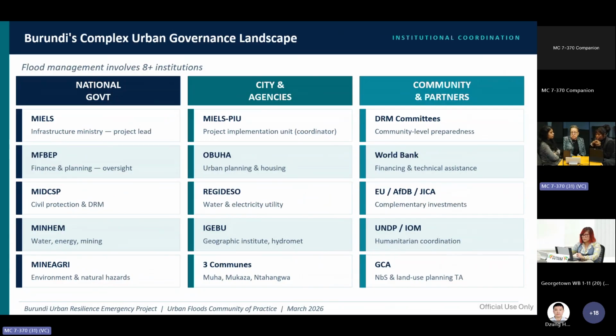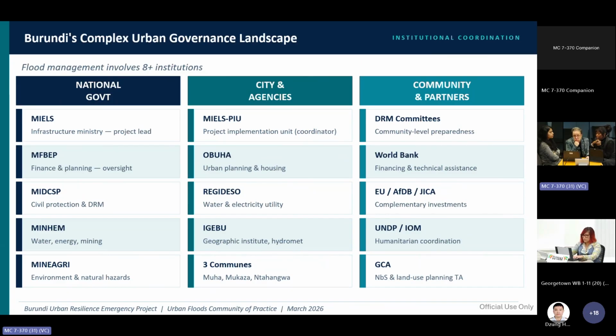Now, Anna mentioned in her presentation, and I believe in the Canto presentation as well, that stakeholder consultation is pivotal to developing any flood risk management and resilience project. So in Burundi, this was no different. The landscape actually is very complex.